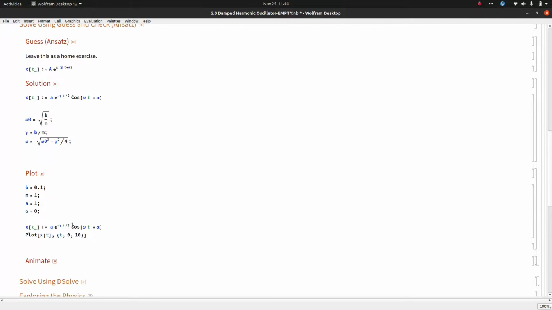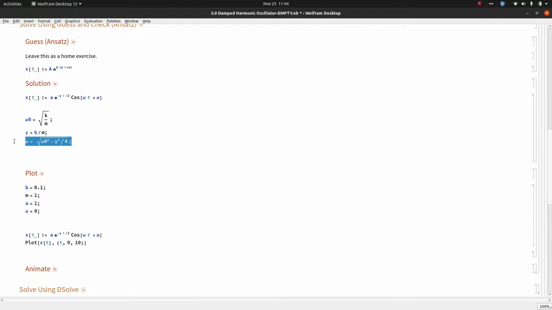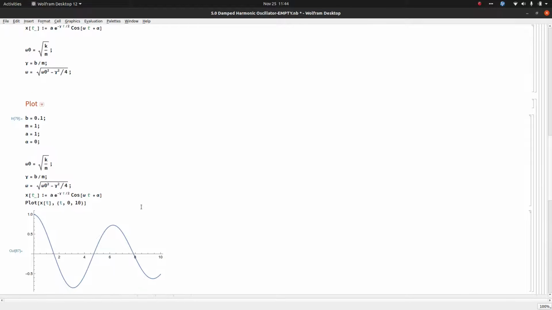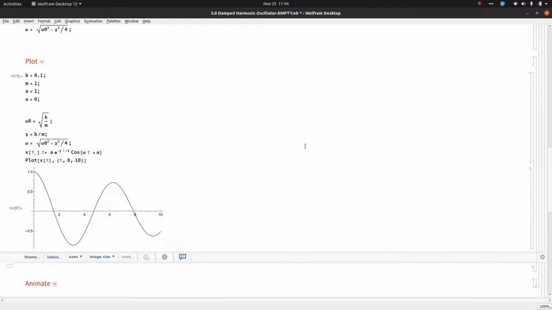And I need to define an omega. Actually, what I'm going to do, I am just going to take these definitions and plop them right here. So I've got my omega naught, I've got my gamma, I've got my omega, and we're just going to run this and see if that works. Okay, so I've defined all my constants.